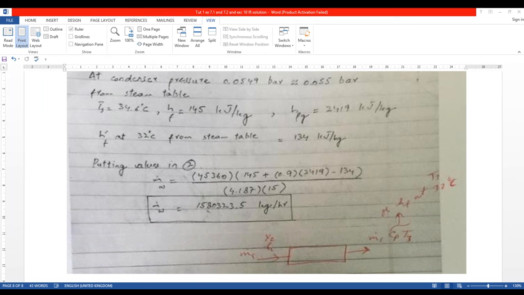Right. Now you look into this figure here, a simple sketch for the condenser. From the energy balance in the condenser, we can find the mass flow rate of cooling water.